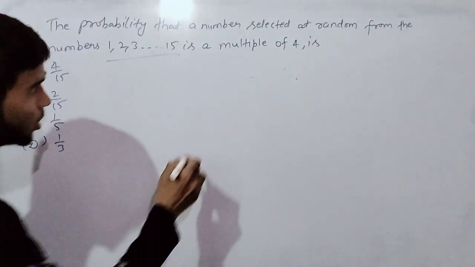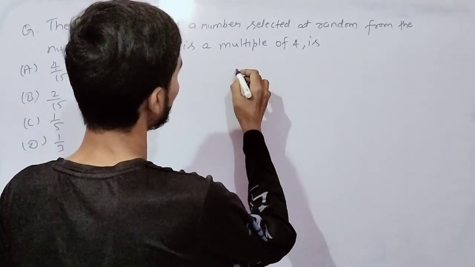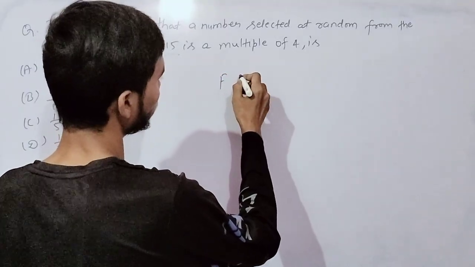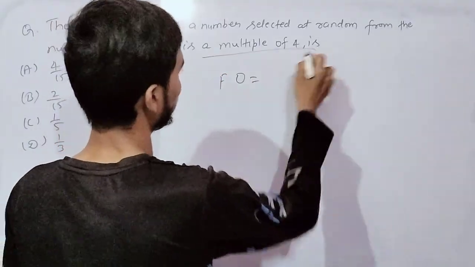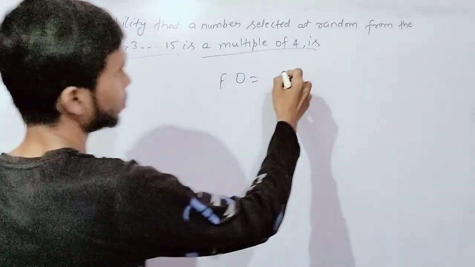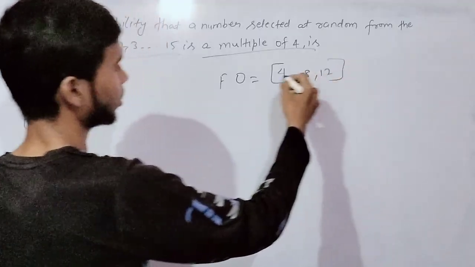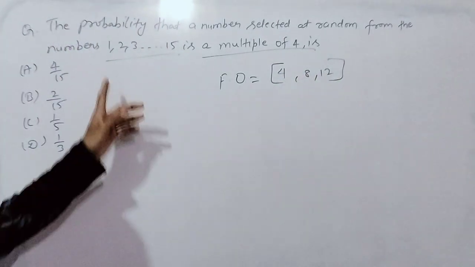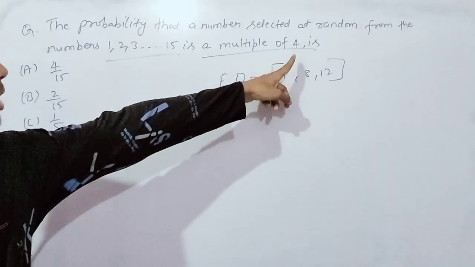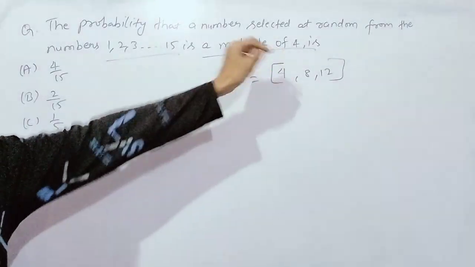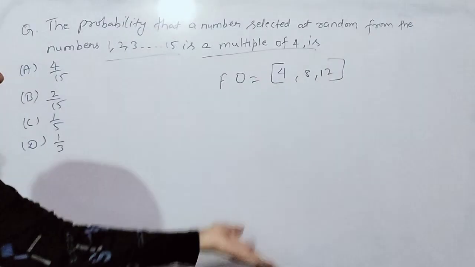Here the favorable outcomes would be 4, 8, 12. 2 does not come in the table of 4, 3 does not come in the table of 4, 4 comes in the table of 4, 5 does not come.